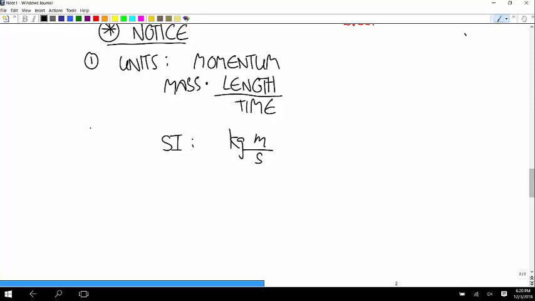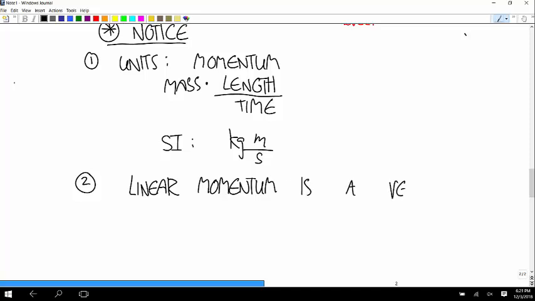And the second thing to notice is that linear momentum is a vector. So it has a magnitude and a direction.